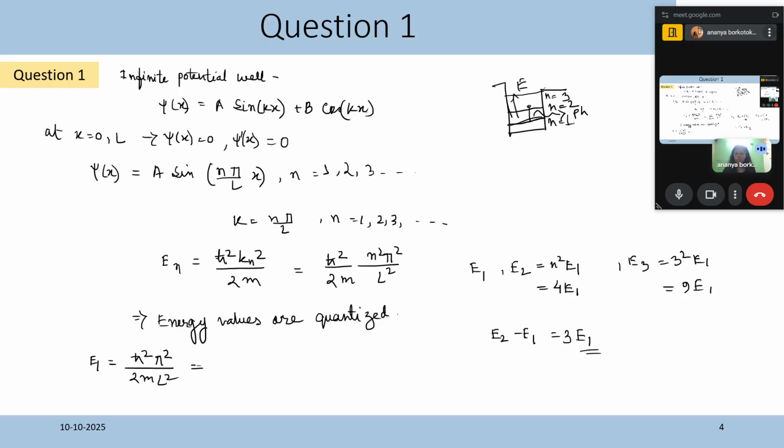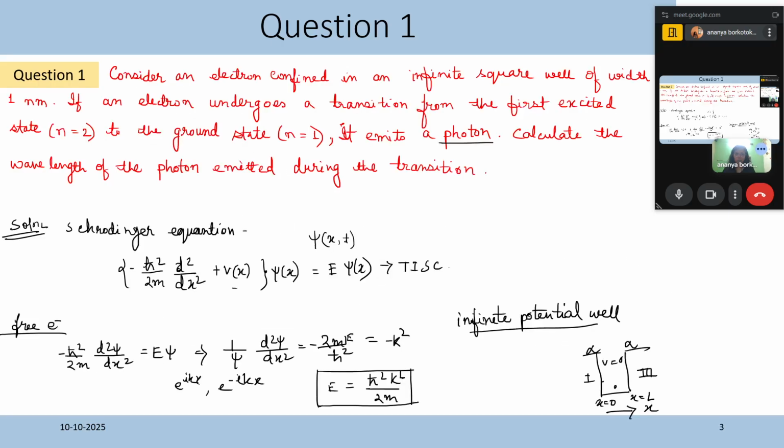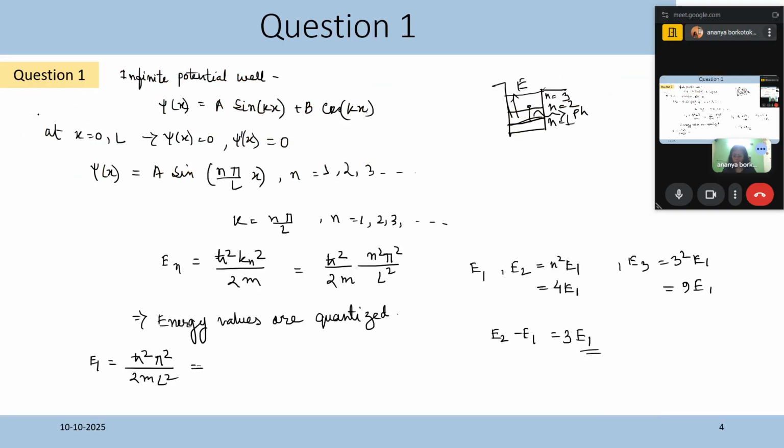So Planck's constant is 1.055 into 10 to the power minus 34 into pi square, 3.14 square, divided by 2 into m, which for an electron is 9.1 into 10 to the power minus 31, into L, which is given in the question as 1 nanometer, so into 10 to the power minus 9.